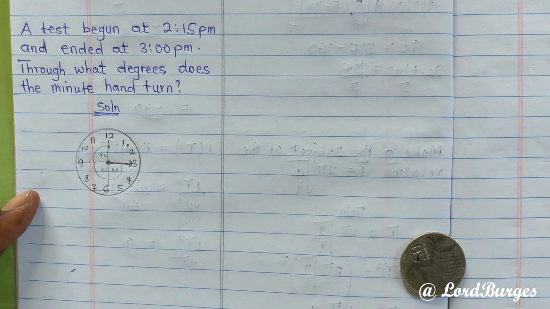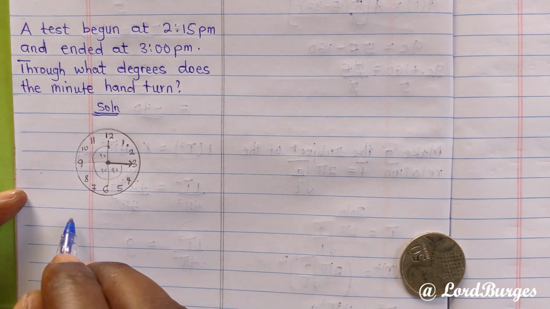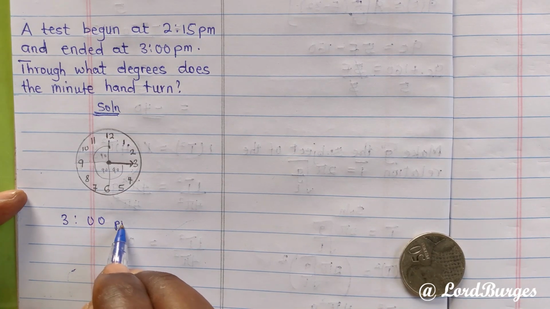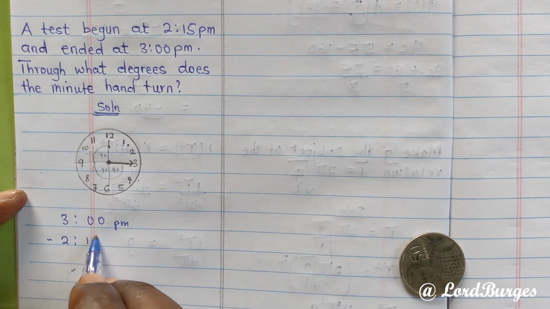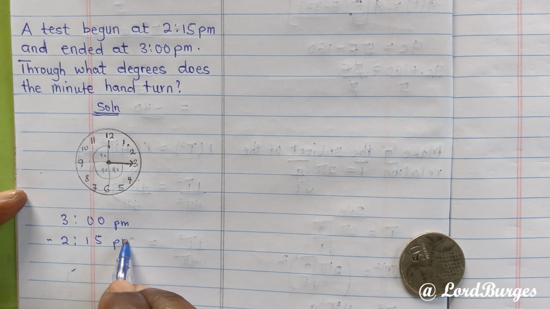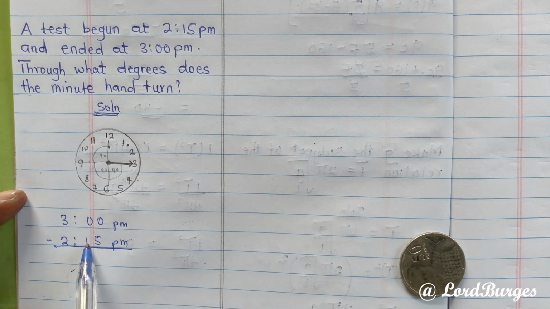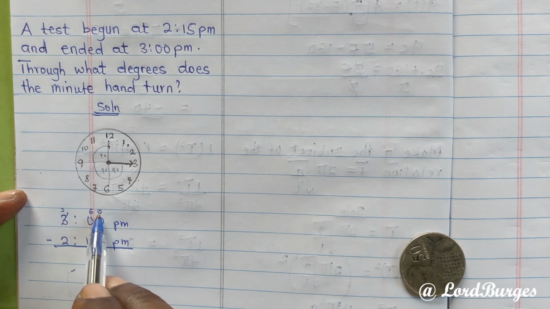First of all, we need to find the difference in the time. They said the test ended at 3 o'clock p.m. So I should be having 3 o'clock p.m. take away 2:15 p.m. I can't subtract 15 from 0, so I borrow 1 hour, which is 60 minutes.